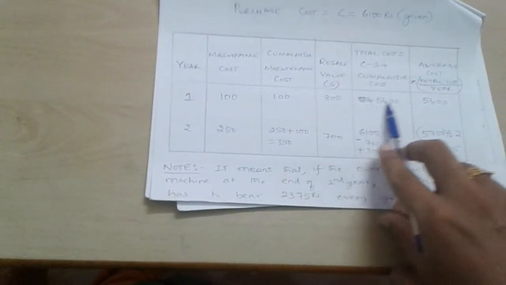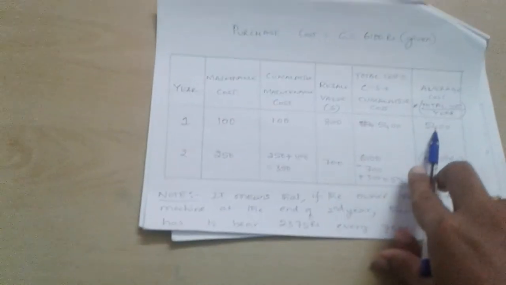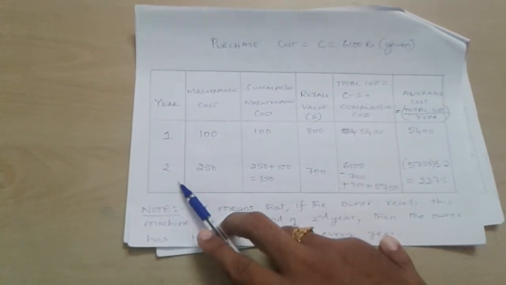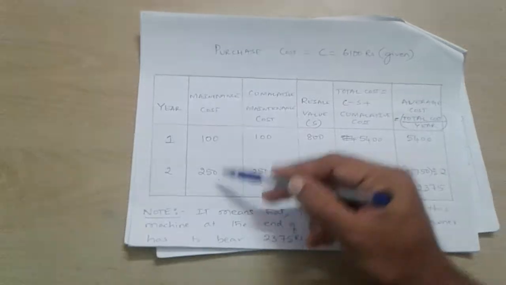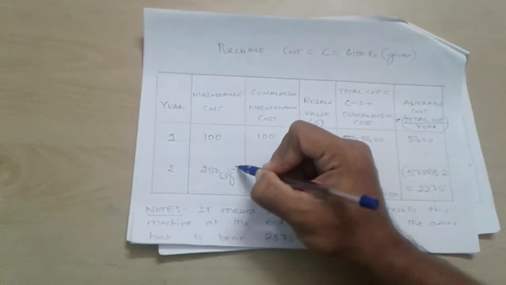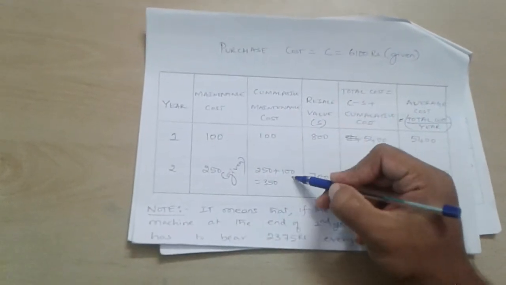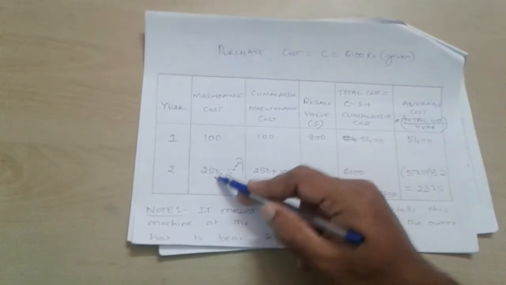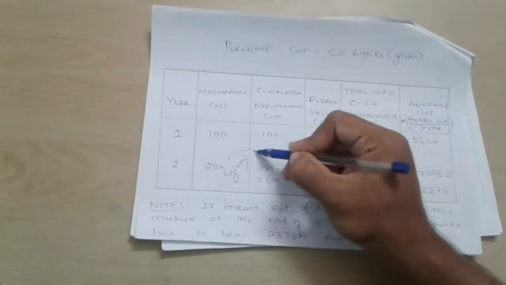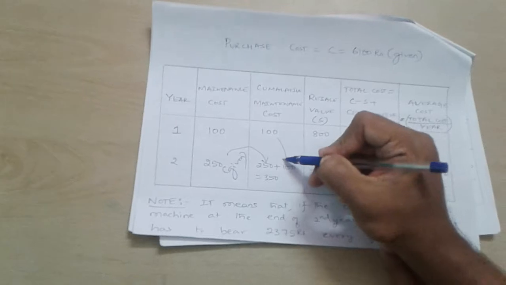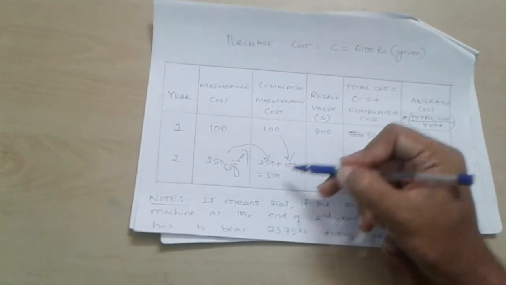Alright, next, continuing this problem for the second year. The first year data is the same as on the previous page. Now for the second year the maintenance cost is 250, which is given in the problem. Cumulative maintenance cost is nothing but 250 plus 100, which is 350.